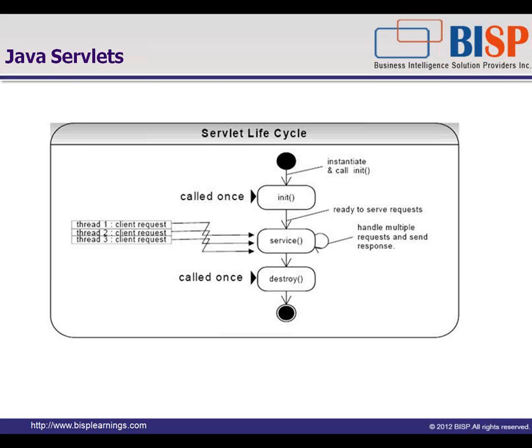And last one is destroy. Whenever my servlet finishes its job, the destroy function will be called and the servlet will be destroyed. So init method and destroy method will come only once in the life cycle of the servlet, whereas service will come again and again.